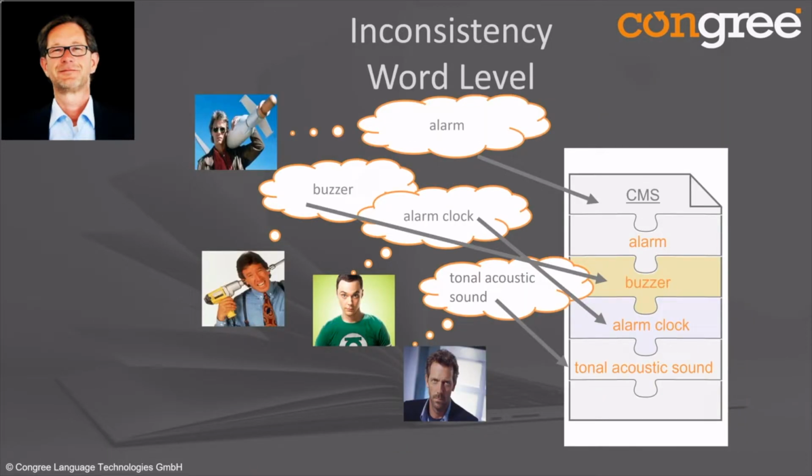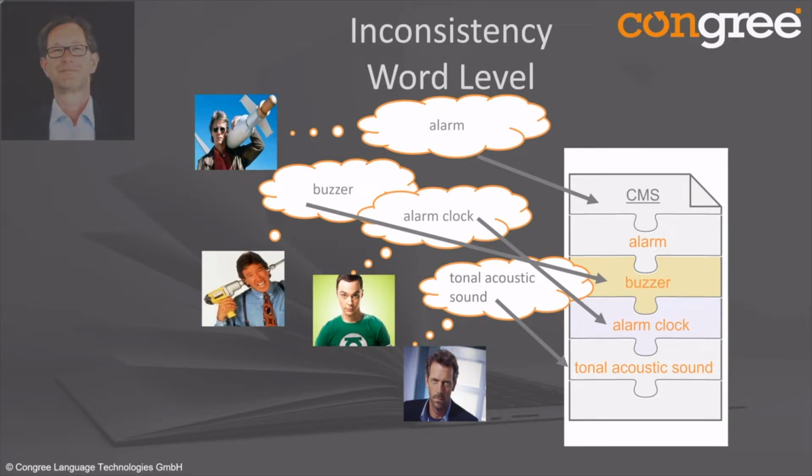And the same we have on the word level. Different terminology will be used, and by that, all the different wording goes into your publication channels. In times of single source publishing, this inconsistency goes to your CMS, from there into various publications all over your content. Not very good, probably.